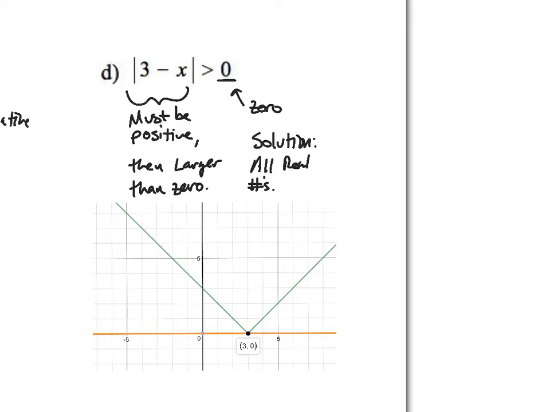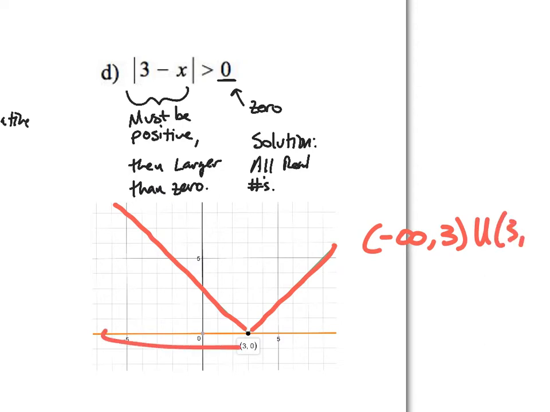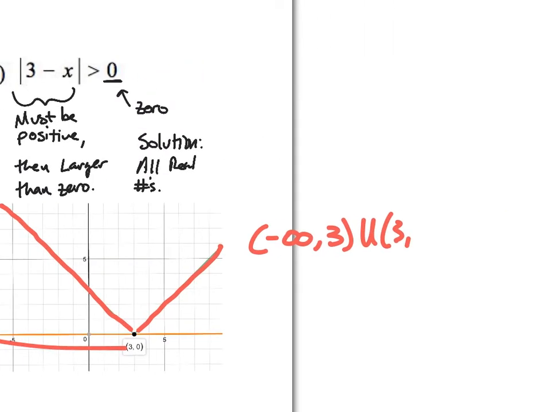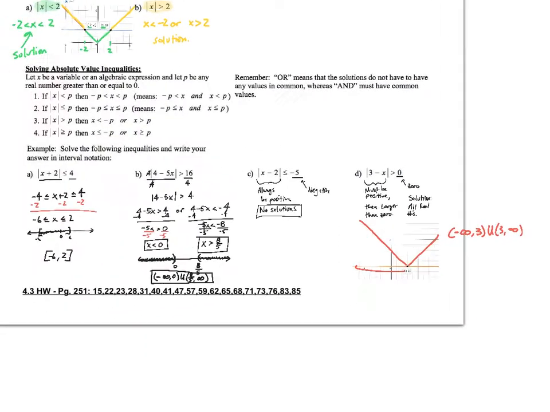The actual solution set that we want to choose is where we are above the x-axis for all of these points except at 3. So our actual solution set here is going to be negative infinity to 3, union with 3 to positive infinity. And that's that. Just some interesting things to say about that.